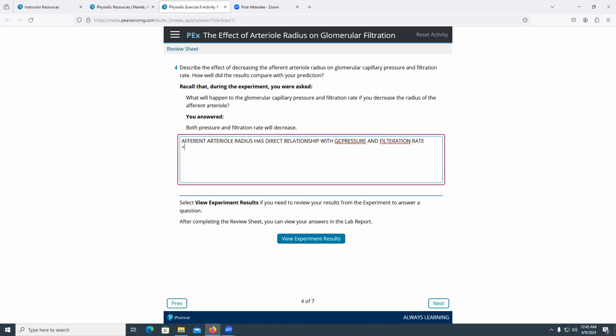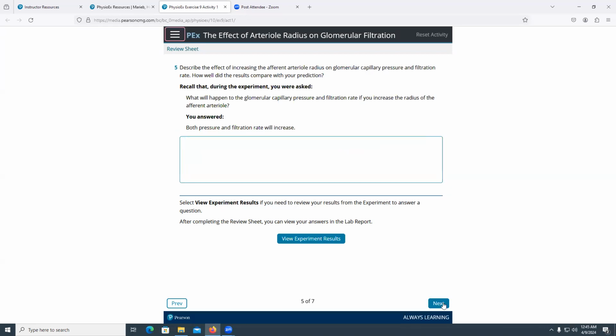Meaning if I increase the afferent arteriole radius, the glomerular capillary pressure will increase and filtration rate will increase. And the opposite is true for efferent. It has an inverse relationship.